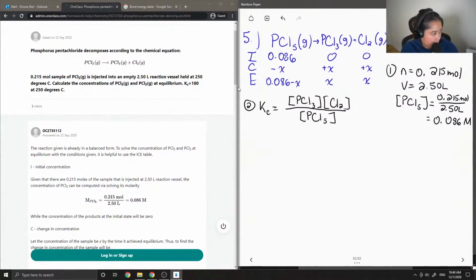Okay, so the Kc value is 180. And if we were to plug in our x's as the concentrations, we get x squared over 0.086 minus x.